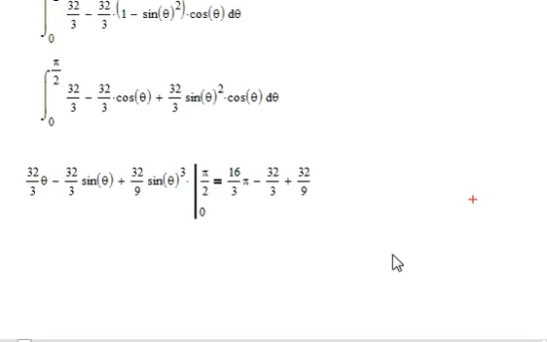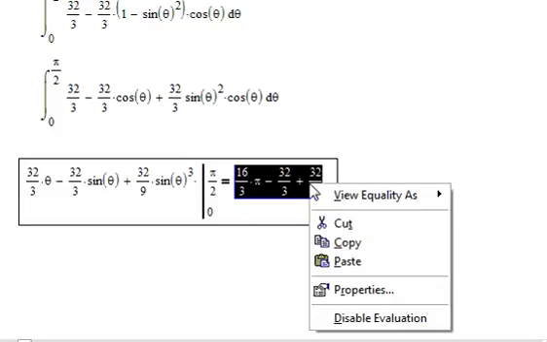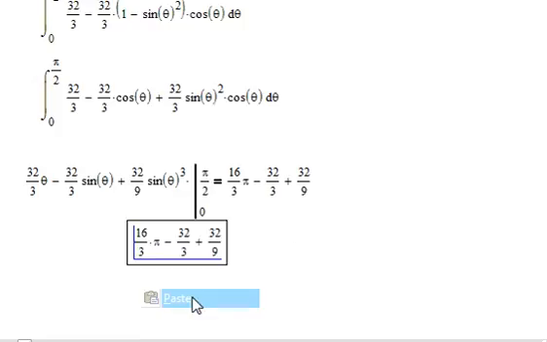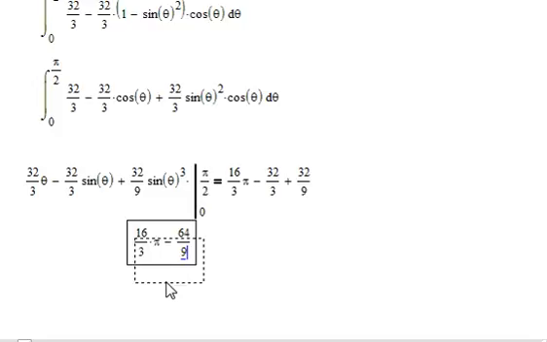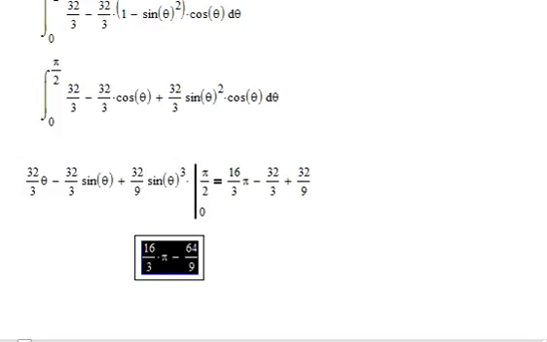I guess if I were to say what that simplifies to, make this one 96/9, and so we get 16 pi over 3 minus 64/3. Oh no, I'm sorry, 64/9, right? Because this is negative 96/9, and then plus 32/9 makes it negative 64/9.